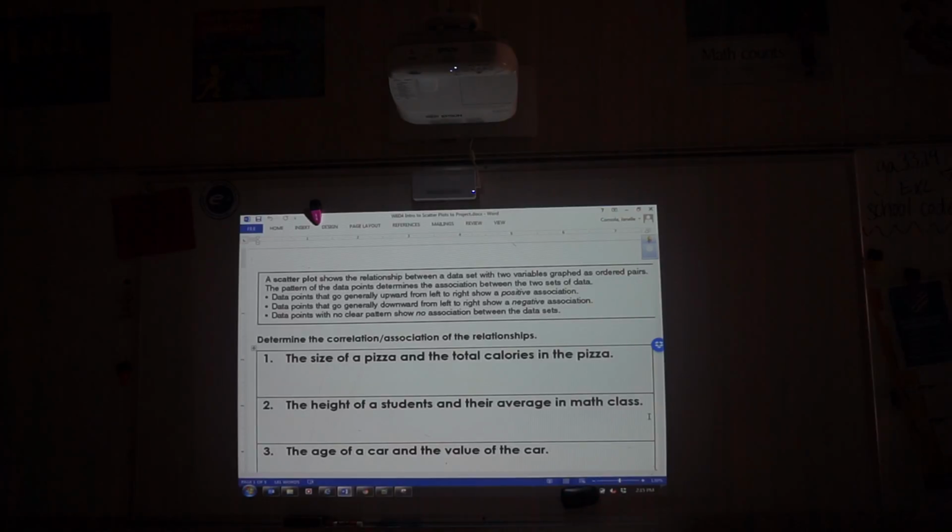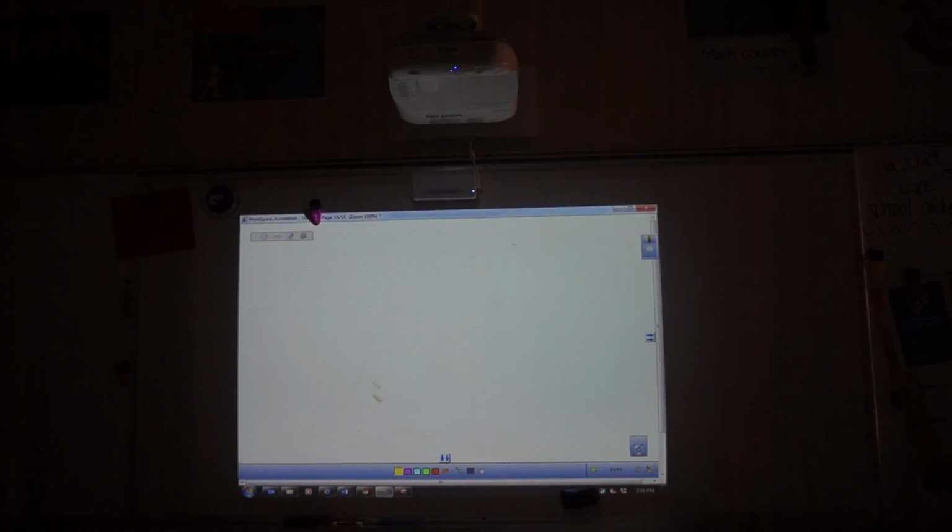An example of a positive is when both things are going up. The more food I eat, that's going up. As the amount of food I eat goes up, what happens to my weight?